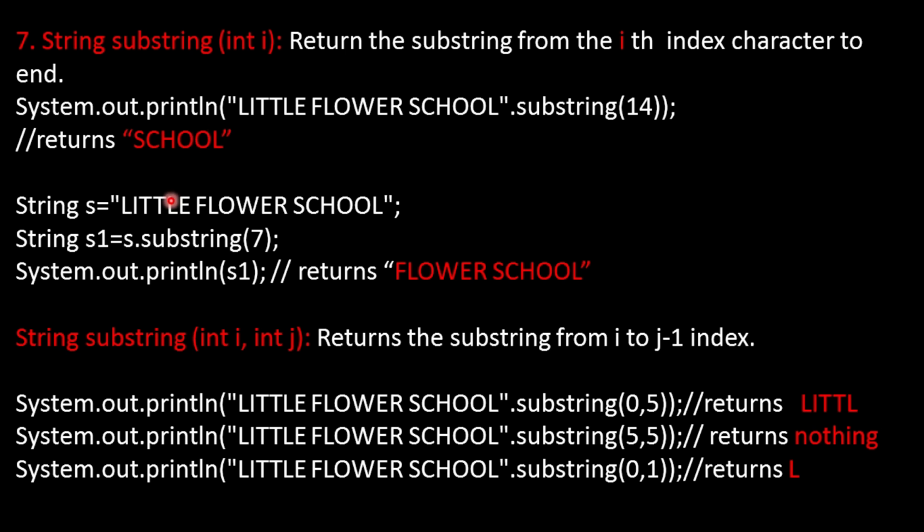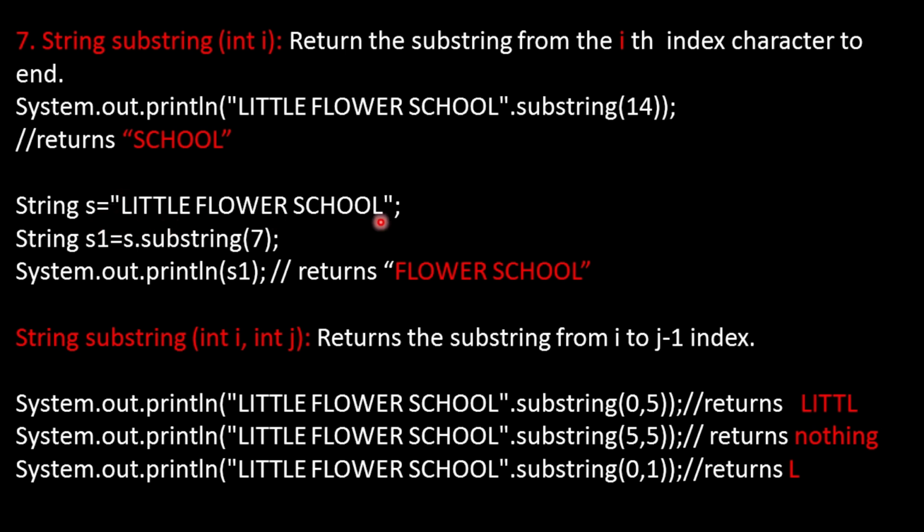So remember, substring means part of the string, and if I am giving any string dot substring any index position, from that index position onwards whatever characters are left in the string will be returned. Remember that.